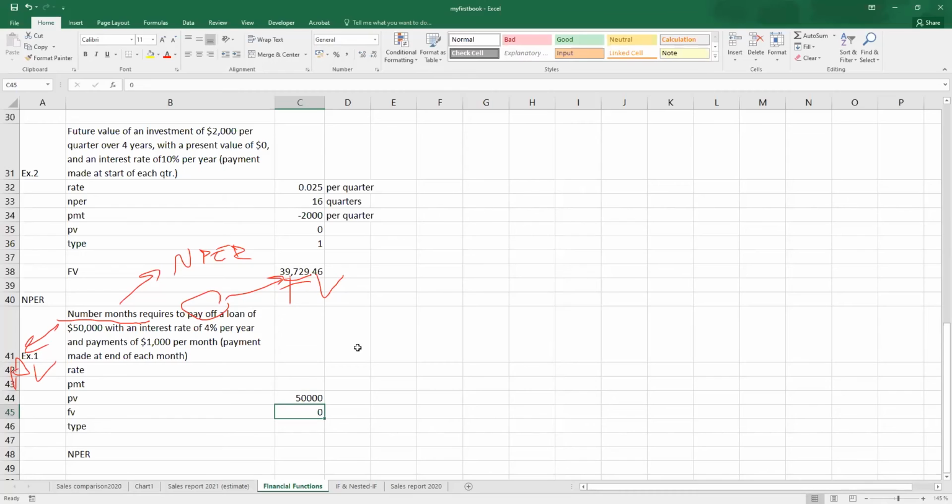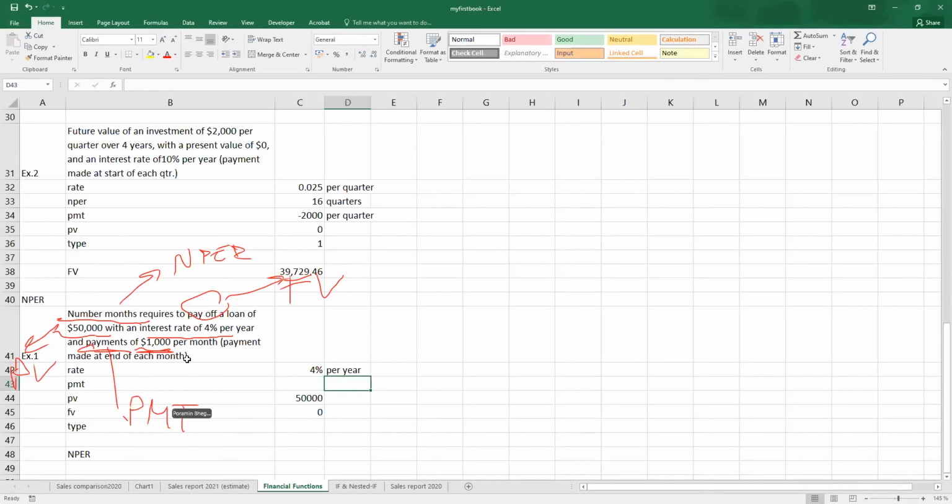Okay. After you get the PV already, the interest rate is 4% per year. I type 4%, but I just type per year first, just in case I have to change it to be a monthly payment or quarterly payment. I will have to change the interest rate to be the interest rate per that amount of time. And we say that the payment is 1,000 per month. For the 1,000 per month, this is PMT.